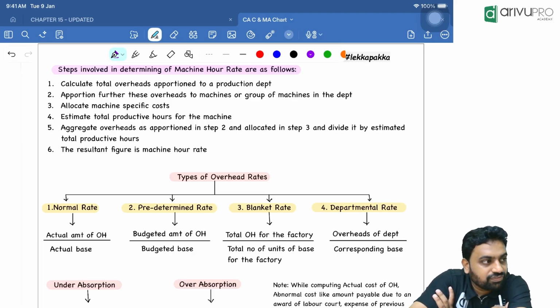And finally, you divide it by your total productive hours, that is effective machine hours. Then you will get the machine hour rate. Got it?